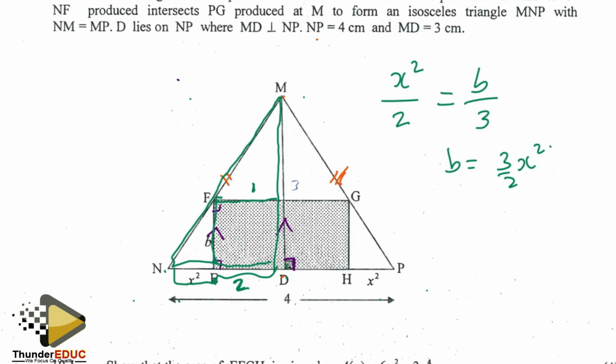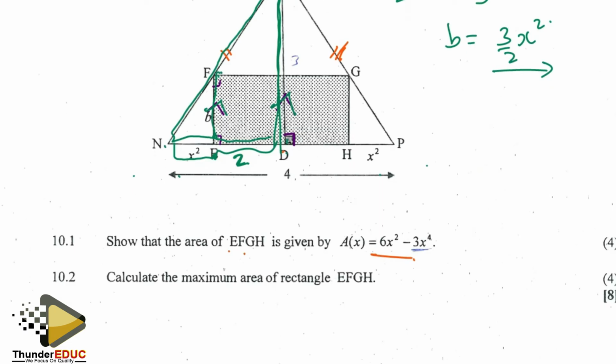So I'm using this and this. This one is not going to play a big role for me. So, having said that, I can go on and get my area.